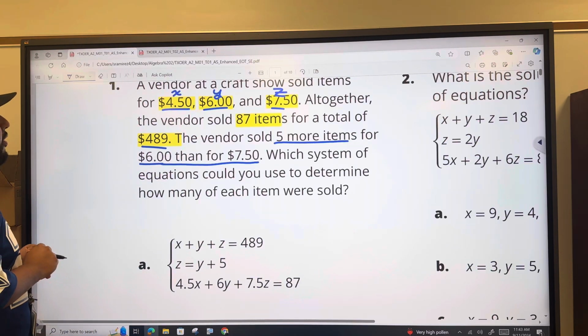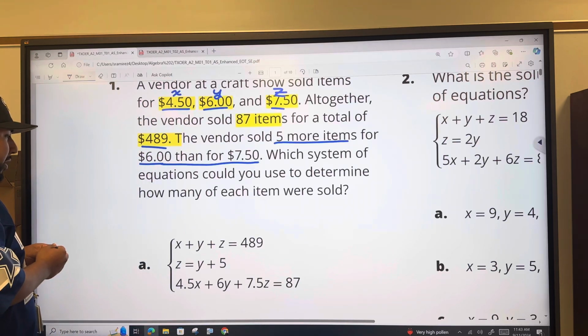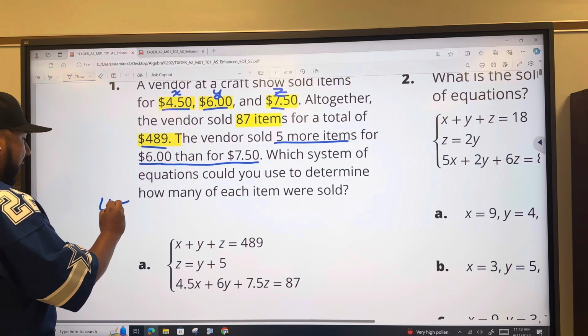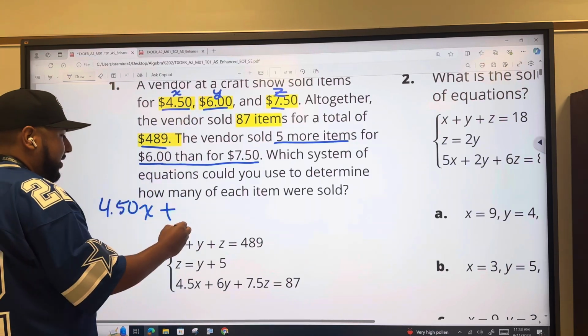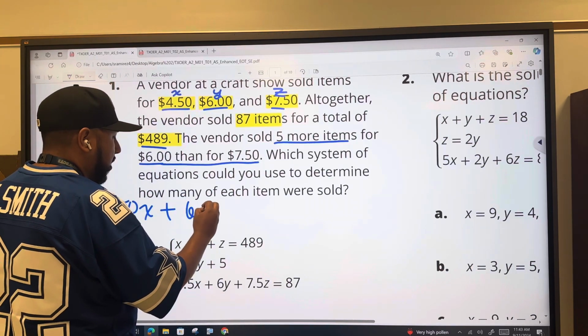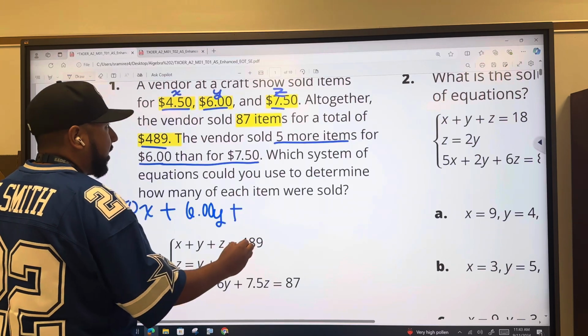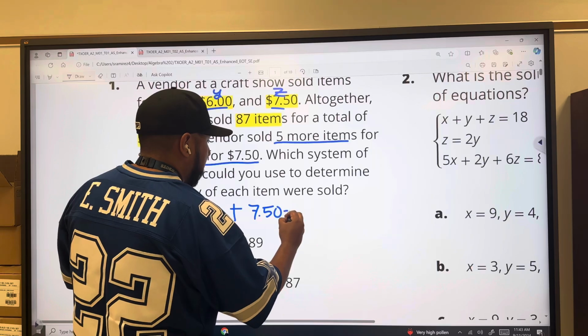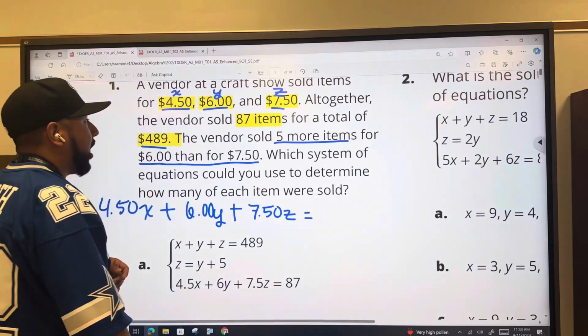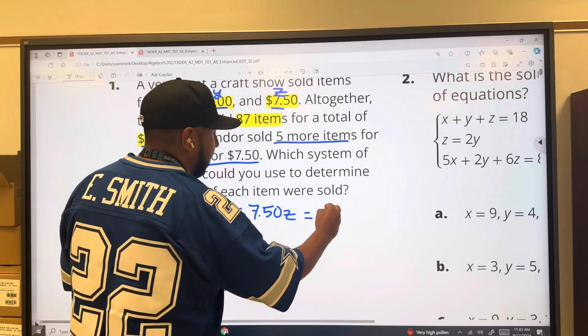Remember, you could pause the video. We'll write the first piece of it, which is 4.50x plus $6y plus 7.50z is equal to the dollar amount, which is $4.89.